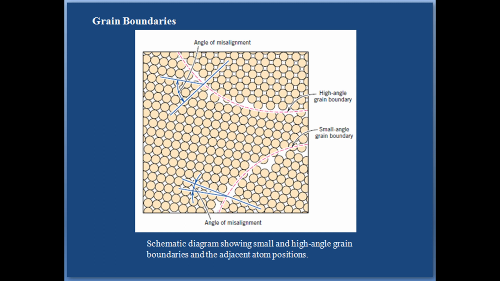Now we are going to just get a summary of grain boundaries. The boundary separating two small grains or crystals having different crystallographic orientation in a polycrystalline material is nothing but the grain boundary, and it is indicated in the figure also.